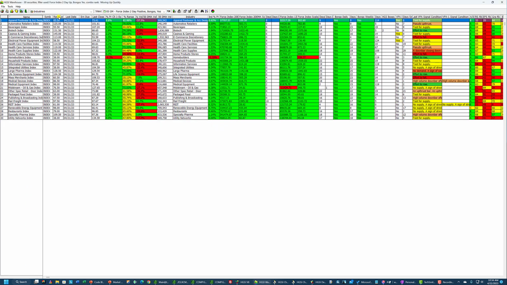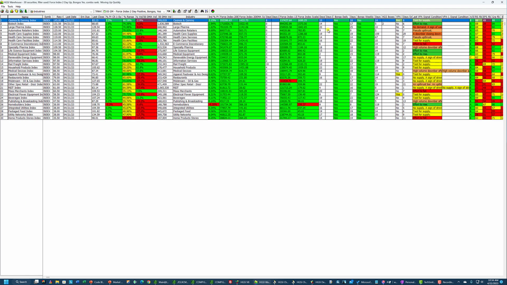By doing that it's going to show us the industry groups where the Force Index 2 is positive, and on most of these the 13 is positive, and the Bongo daily and Bongo weekly indexes are positive.